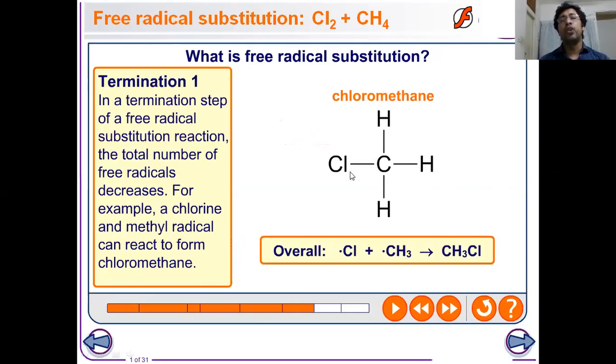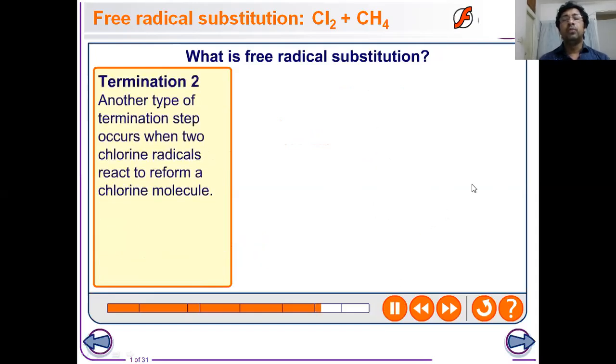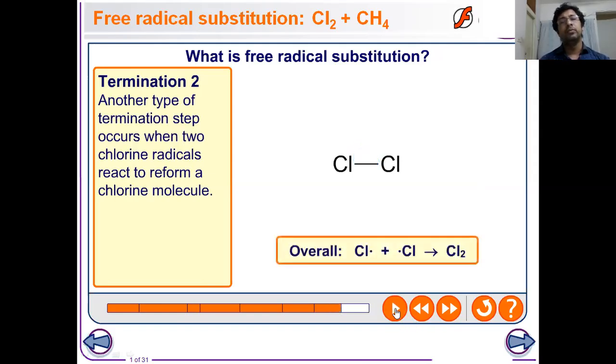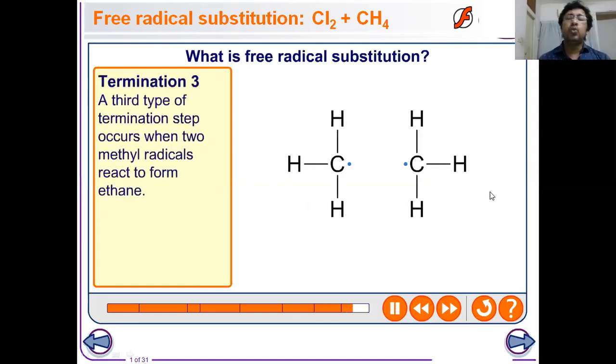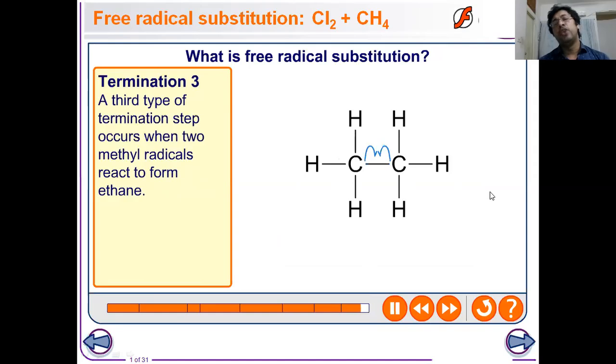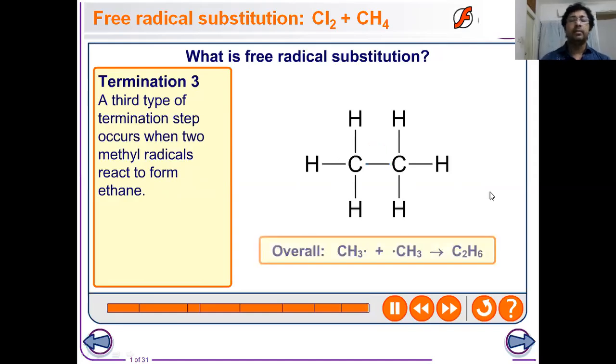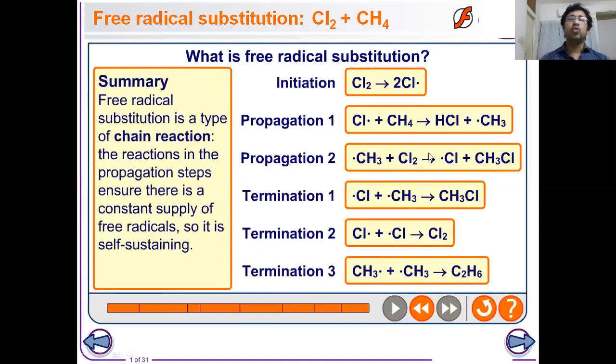They will join together to form chloromethane. Then 2 chlorine free radicals will join to form a chlorine molecule again. And in termination step 3, 2 methyl free radicals will join together to form ethane. The summary of this reaction is shown in this slide.